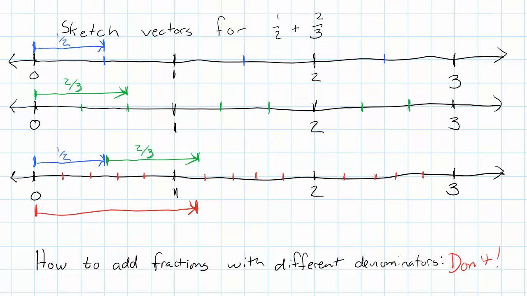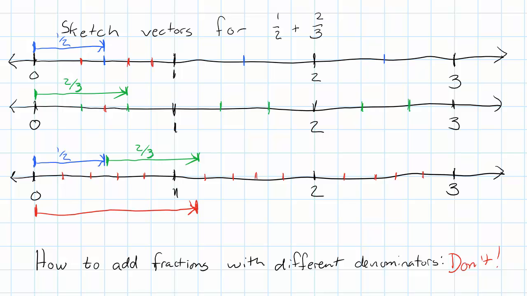Here's what we end up doing. We don't add fractions with different denominators. Instead, we come up with equivalents that have the same denominator. So in this case, here, I'm making marks on the first number line that correspond to each of my thirds, and on the second number line that correspond to my halves.